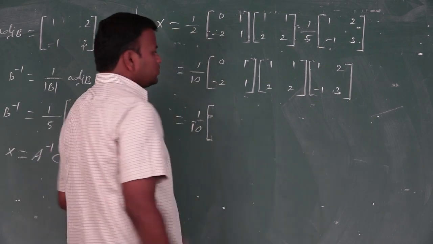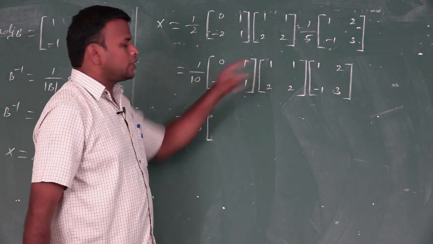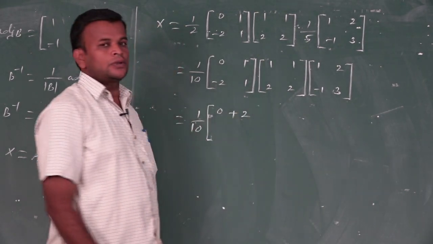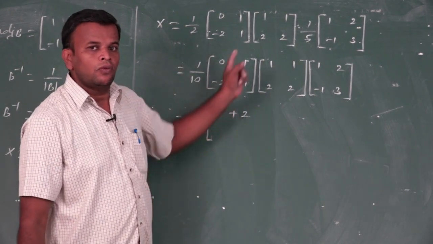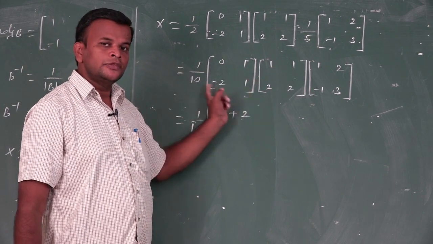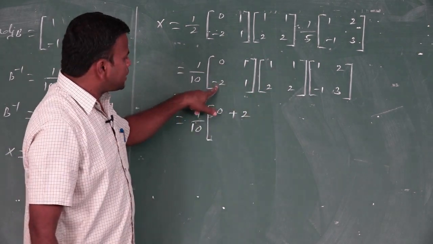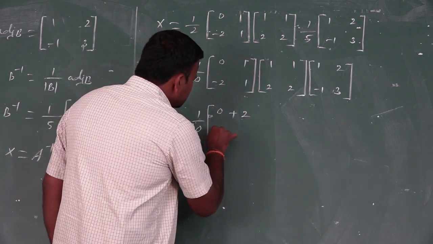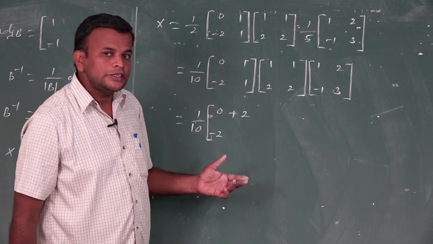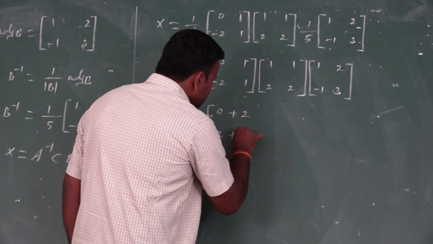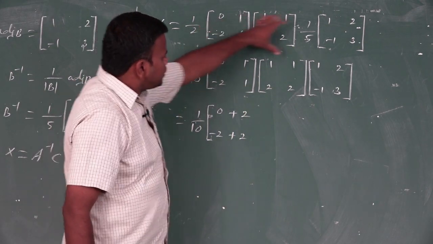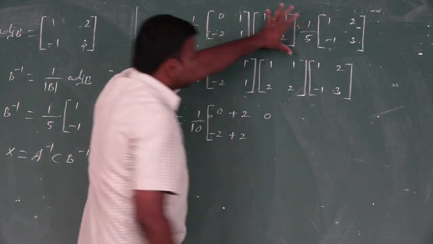The same working rule. 0 into 1 is 0. Plus 2. How do I get 2? 1 twos are 2. So first row, first column. Next step, second row, first column. Minus 2 into 1 is minus 2. The next element is plus 2, 1 twos are 2. First row, second column. 0 into 1 is 0.